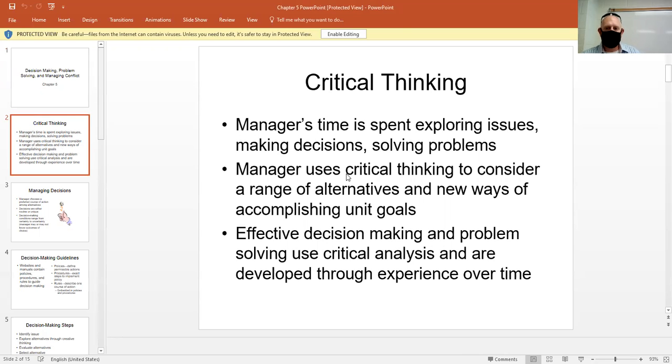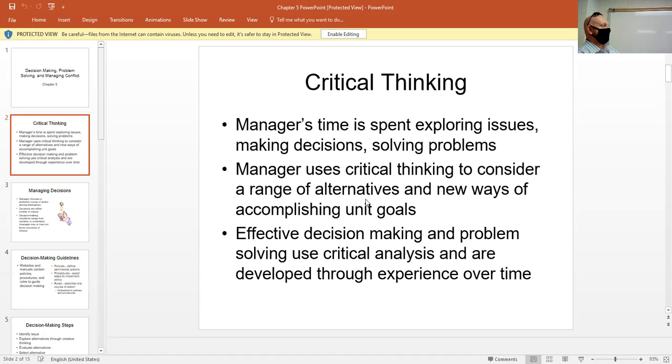So this one is just critical thinking. A manager's time is spent exploring issues, making decisions, and solving problems. Now you're also going to spend some time being engaged, being on the floor, being active in what you guys are doing.